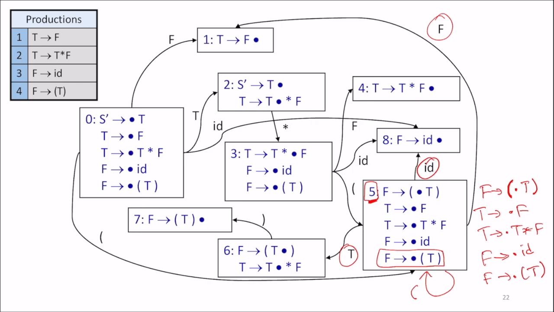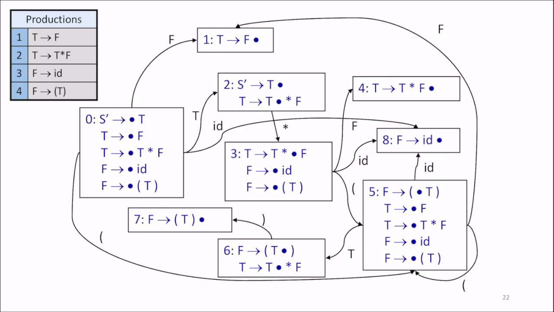The contrast with a finite state automaton is that a context-free grammar is able to match all the open parentheses with an equivalent closing parenthesis because of that rule. F goes to open parenthesis T close parenthesis ensures that for every open parenthesis there is a close parenthesis. So what I've done here is added a self loop on the open parenthesis.